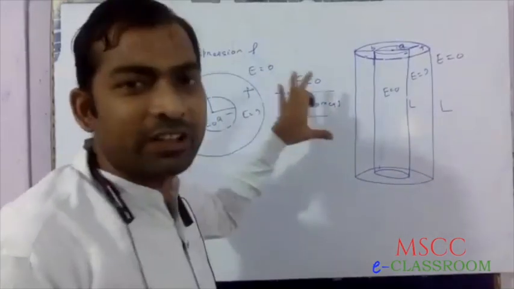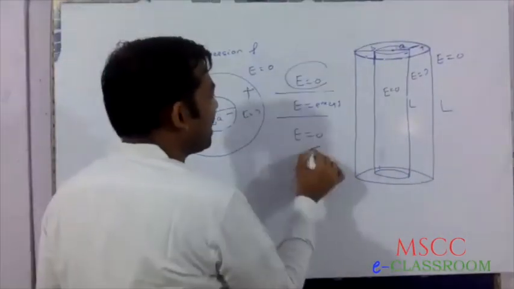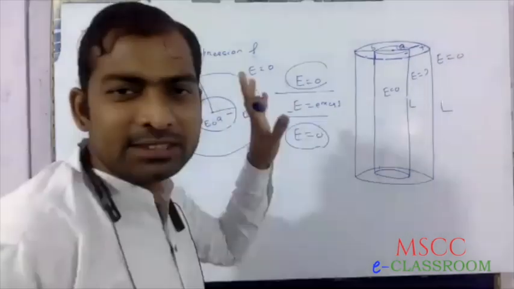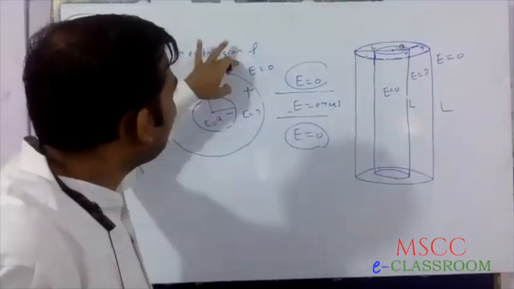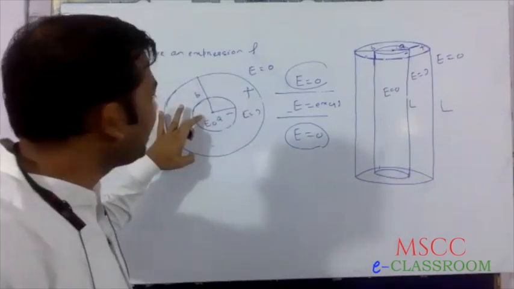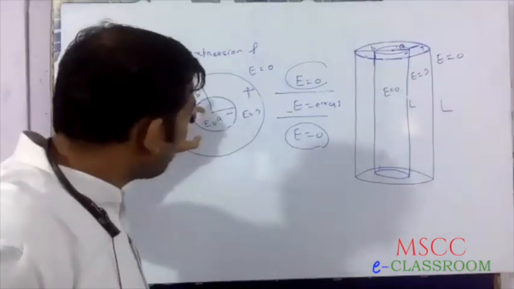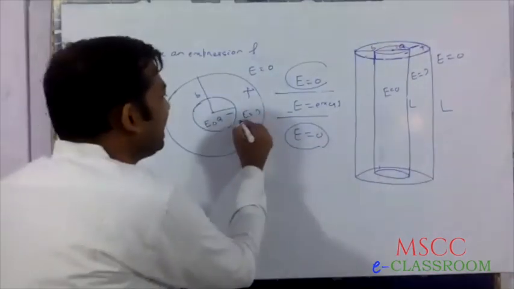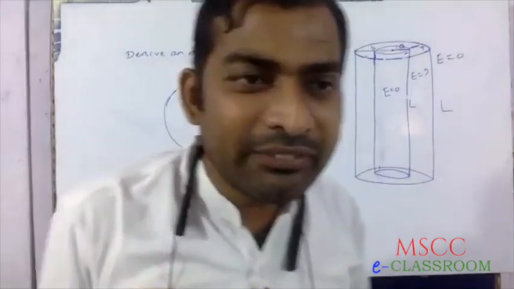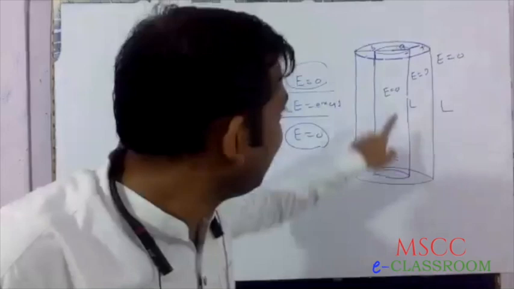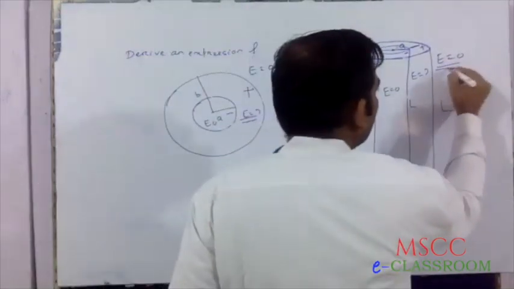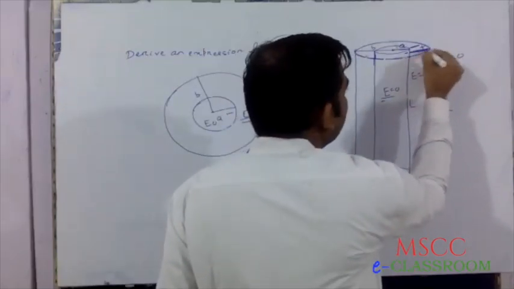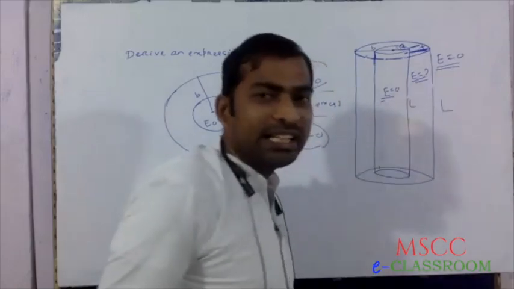Parallel plate capacitor already studied: this is the outer region, this is the inner region; E equals 0 in the outer region, E exists in the inner region. Similarly, in the spherical capacitor, in the outer region E equals 0, and in the region between the plates the electric field exists. Similarly in this case, in the outer region E equals 0, and in the inner region between the plates the electric field exists.